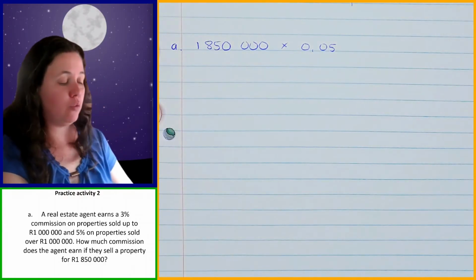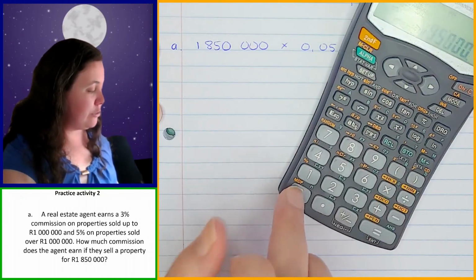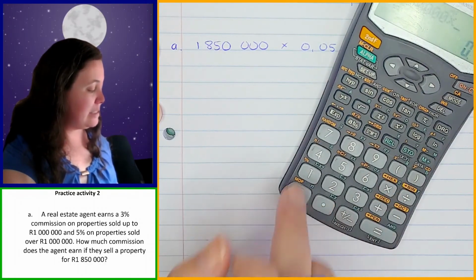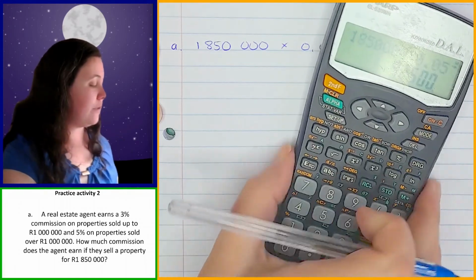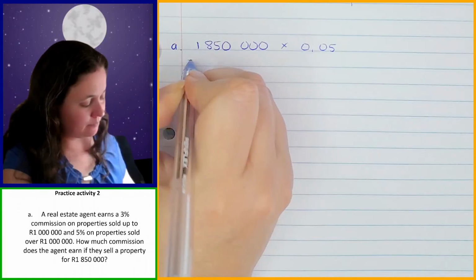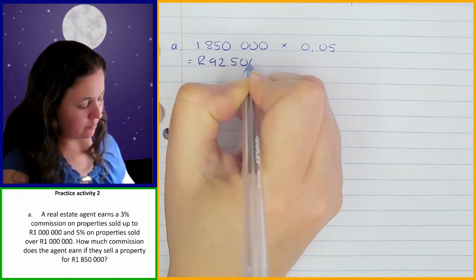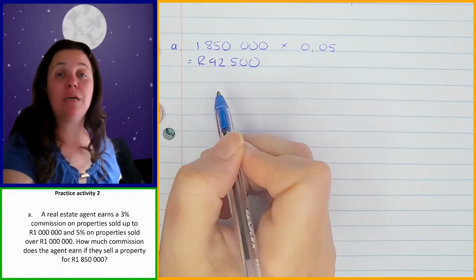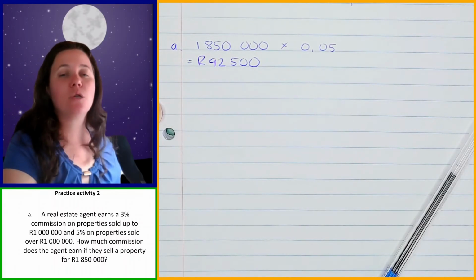Okay, so now we're going to go and work that out. So 1,850,000 multiplied by 0.05, and that gives you 92,500 rand. So that's how much the commission they would make for selling this particular property. Okay, next question.